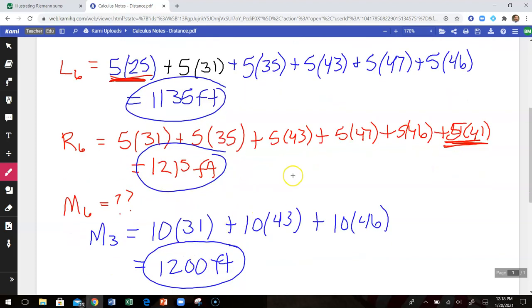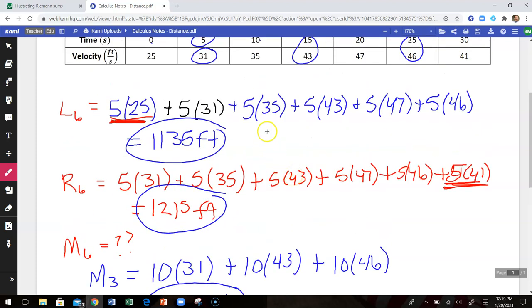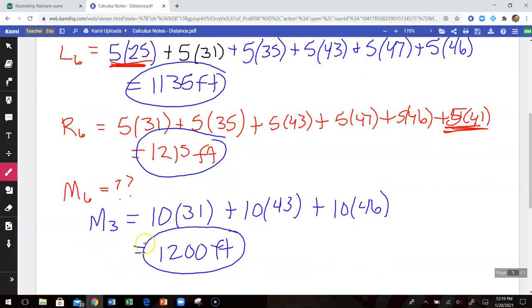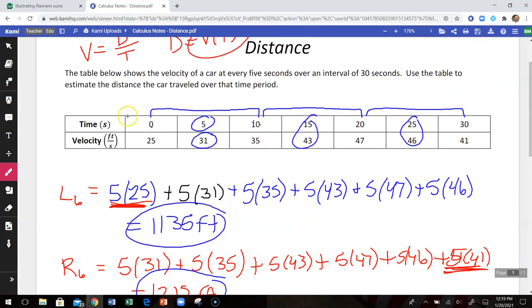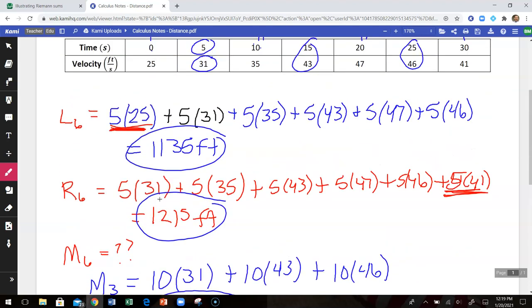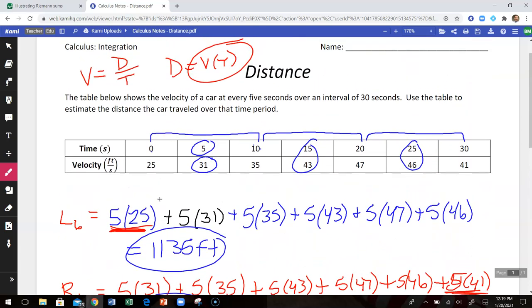However, the more time intervals you can make, the better, but we also like to use midpoints. So those are all estimates for the total distance traveled using time intervals and left, right, or midpoints to determine those velocities.